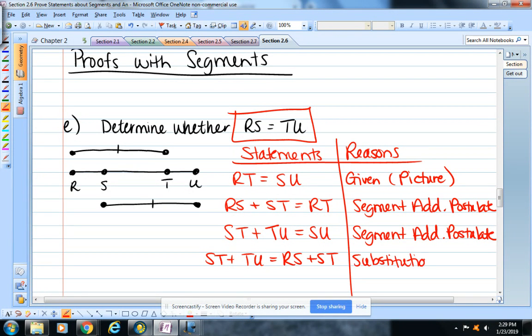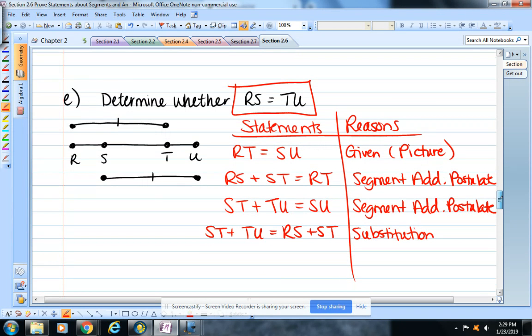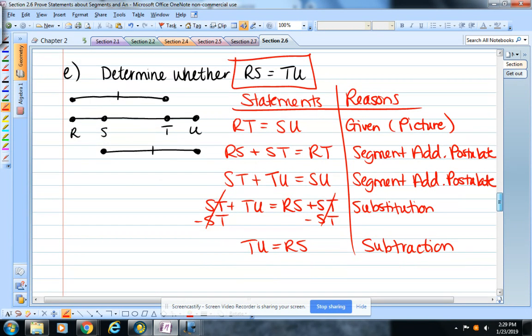I think this is just like our second proof we did. Now, what do you see on both sides of the equal sign we can get rid of? ST is on both sides, right? So how can I get it to cancel out and go away? Subtract ST. And they cancel on both sides. So now TU equals RS because of subtraction. Now, is that what I was trying to prove? Look careful.